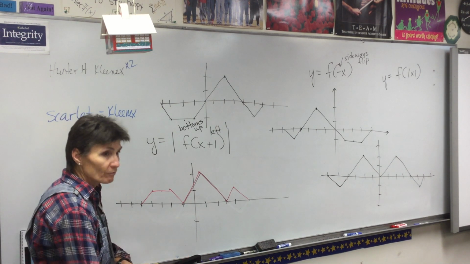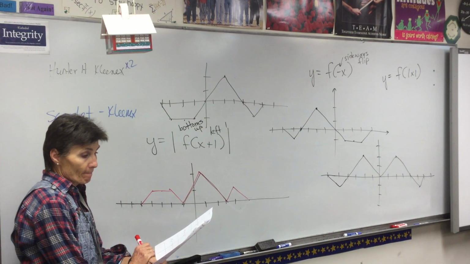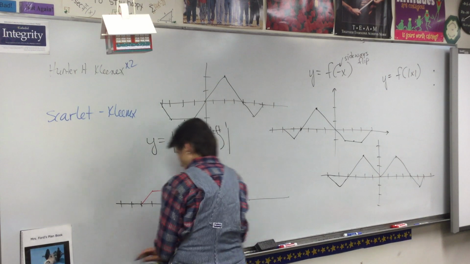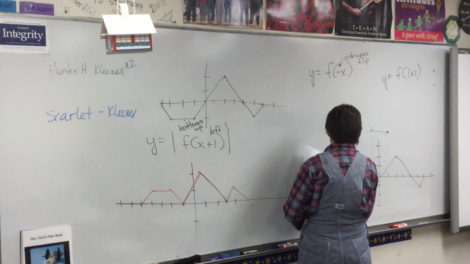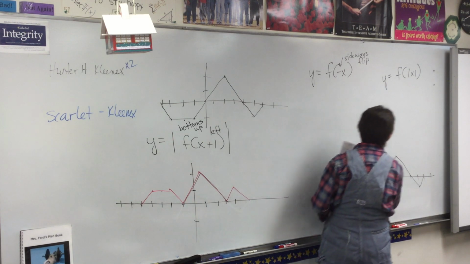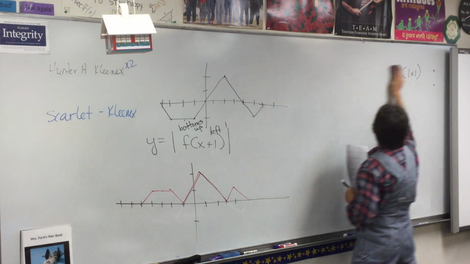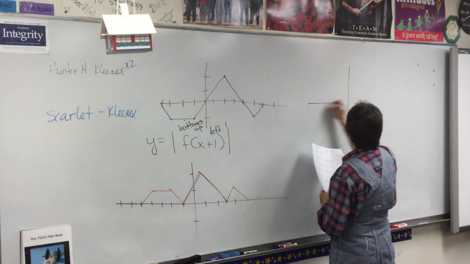All right, let's do one more from that side. Jacob, you want to pick one? Number 14. What's happening in 14? To the right. The picture is going to go to the right too. So it's just the shape. We're not flipping or moving anything around.